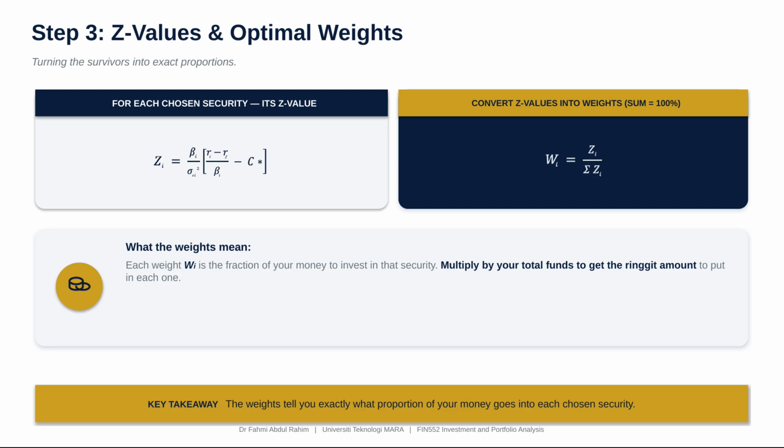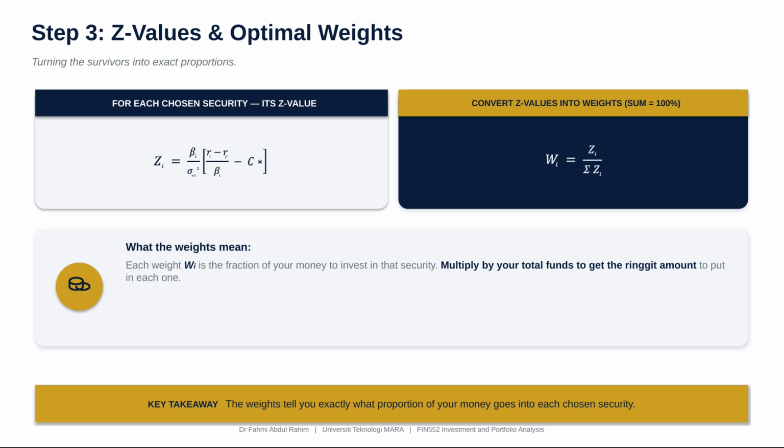So the bigger a security's ratio sits above the cutoff, the bigger its Z value, and the more of it we will hold. Then, on the right, we convert these Z values into weights. The weight of security i, W sub i, is simply its Z value divided by the sum of all the Z values. Dividing by the total, like this, guarantees the weights add up to 100%, a complete portfolio.